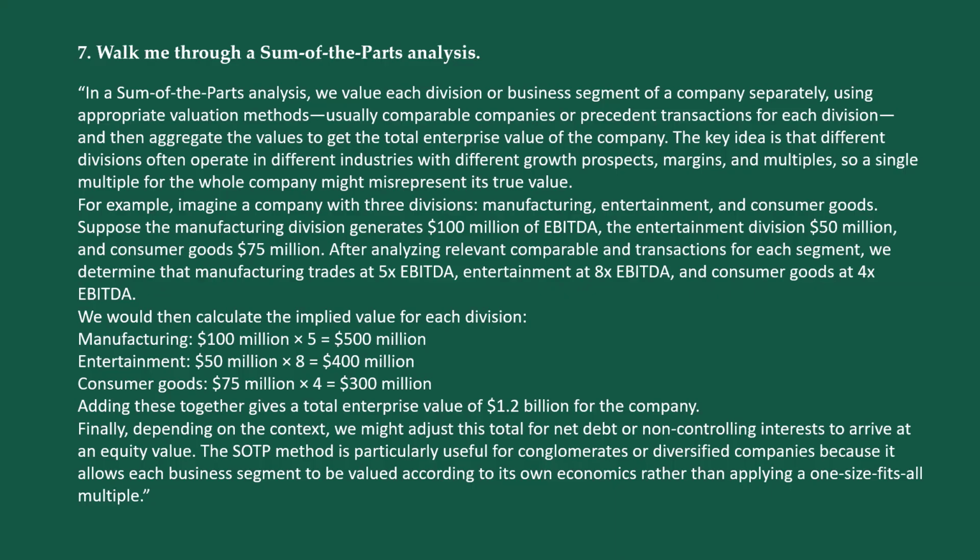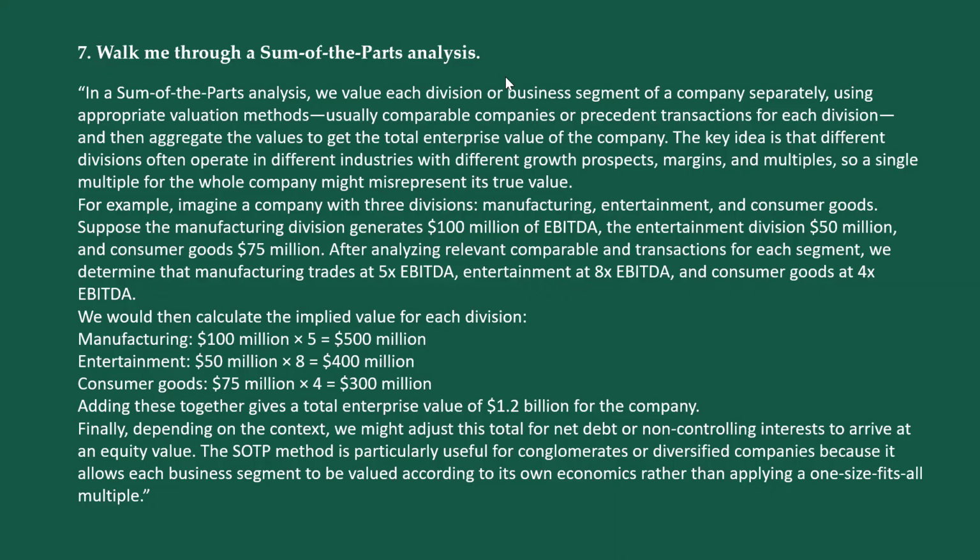We add up the individual values to get the total enterprise value, and then we make adjustments of net debt, cash, and minority interest to get equity value. Sum of the parts is especially common for conglomerates, diversified holding companies, and companies with both high growth and mature divisions. So that's sum of the parts.